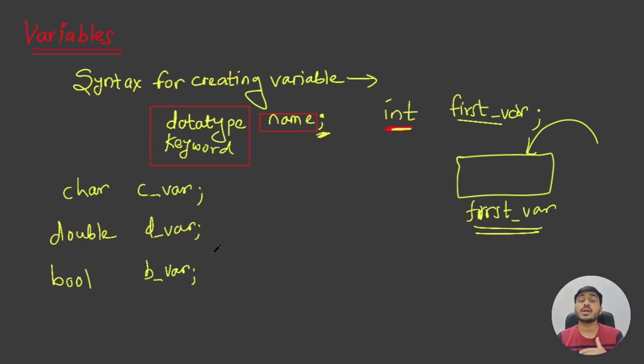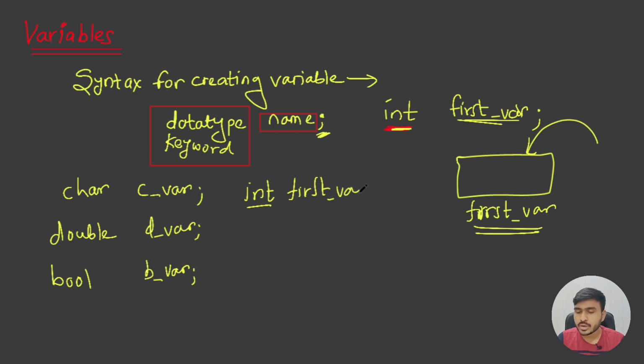Now let's understand the syntax for initializing the variable. Whenever you are creating a variable, if in the same line, in the same syntax, you give a value to the variable, then it is called initialization. So let's initialize the variable first var. Let me write it again. I'll write int, which is the data type keyword, then the name of the variable, first underscore var.